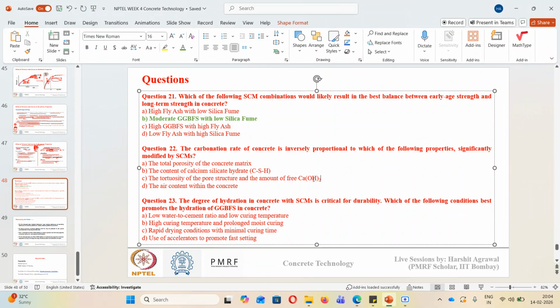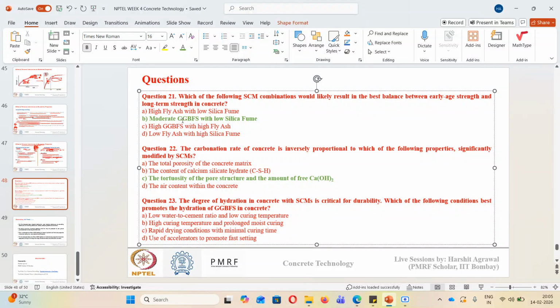The correct answer is C. Tortuosity means the pore connectivity, how connected the pores are. When we add SCMs to concrete, we are densifying the pore structure, so we are disrupting the tortuosity of the pore structure, which affects the CO2 diffusion.